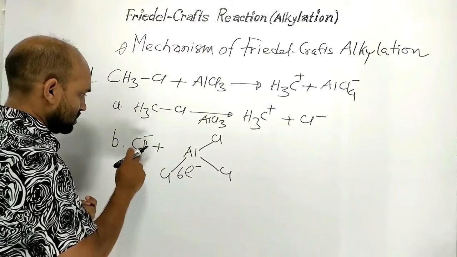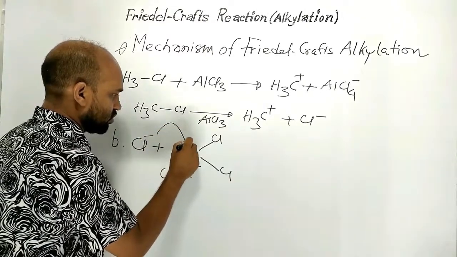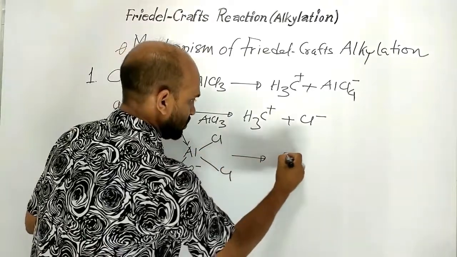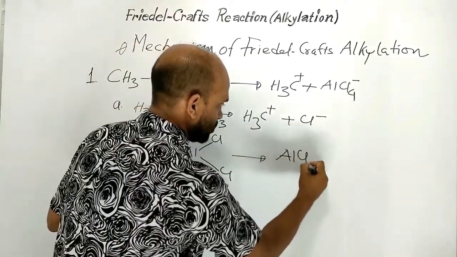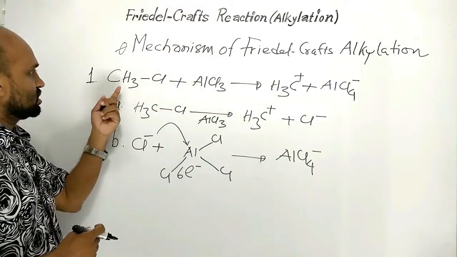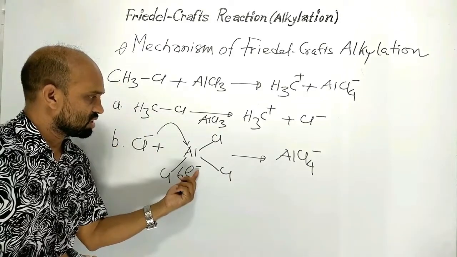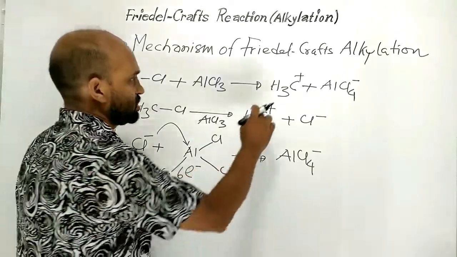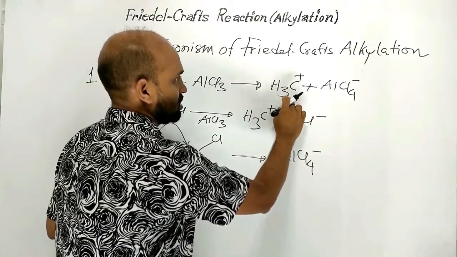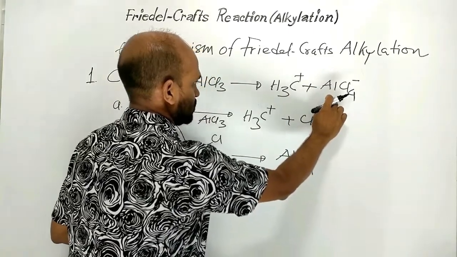So this chloride ion forms coordinate covalent bond with this aluminum chloride to form tetrachloroaluminate ion. So methyl chloride reacting with aluminum chloride, methyl cation, that is electrophile, and tetrachloroaluminate ion is formed.